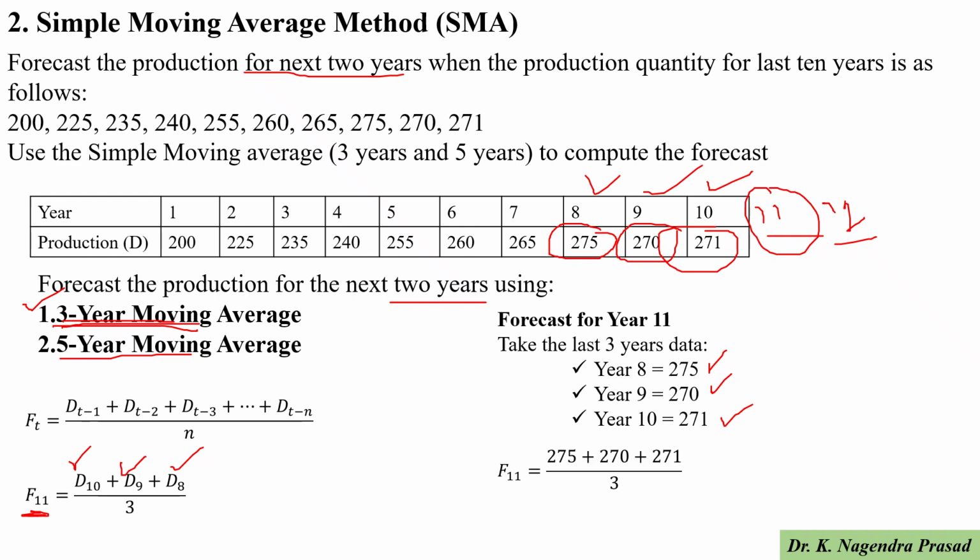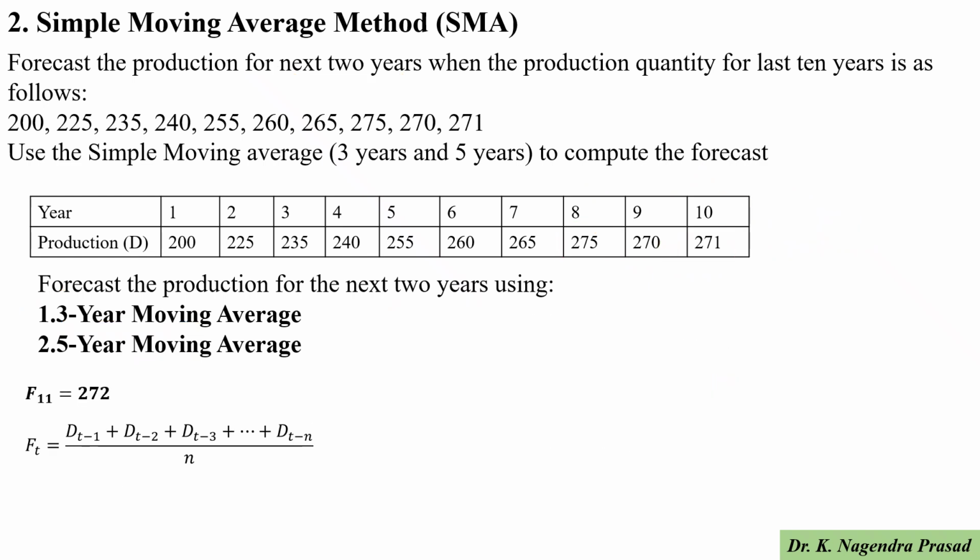Then F11 equals (275 + 270 + 271) divided by 3. So F11 equals 816 divided by 3, which is the forecasted value of the 11th year, 272.